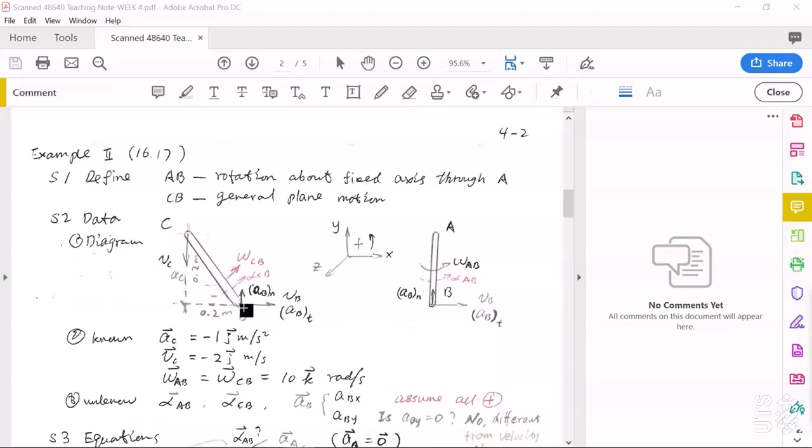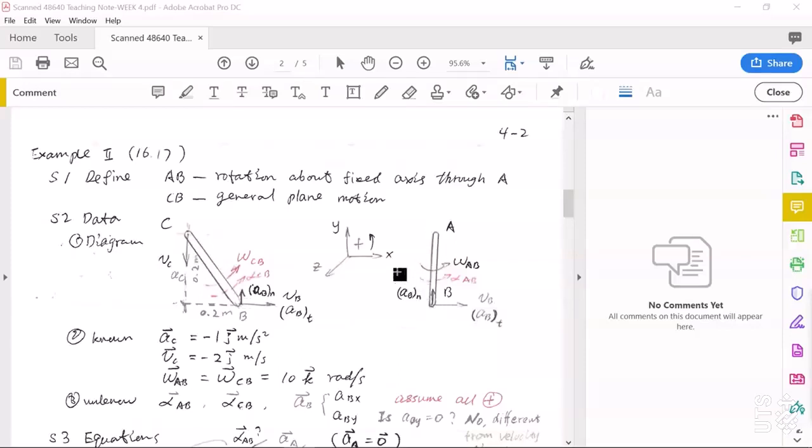Now, point B. Point B, if we only look at link BC, we don't know anything. But B is the pin connection point between BC and AB.